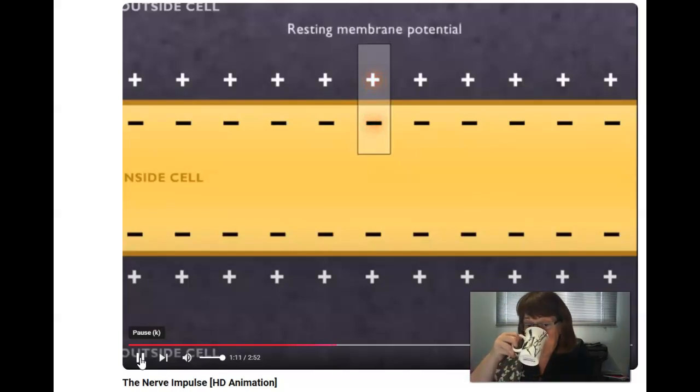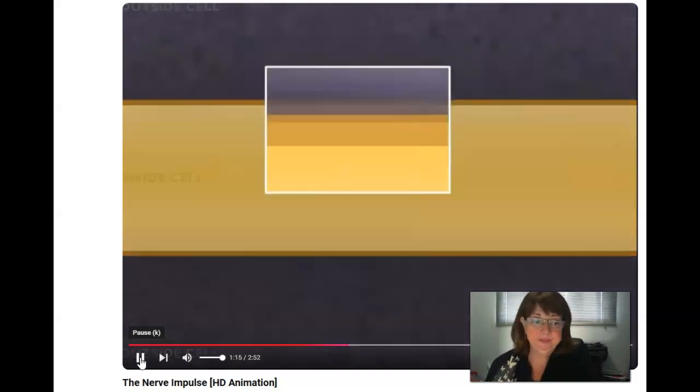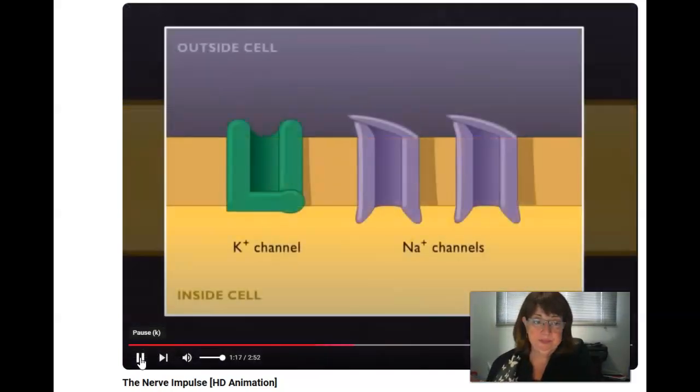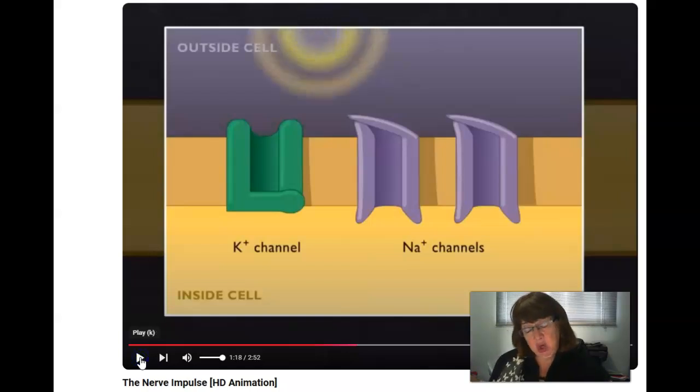A nerve impulse begins when a stimulus disturbs the plasma membrane on a dendrite, causing sodium channels to open. Okay. The action potential, or the passing on of the information, starts when there is a disturbance. Now, the disturbance we're going to look at controls the sodium channels and the potassium channels.